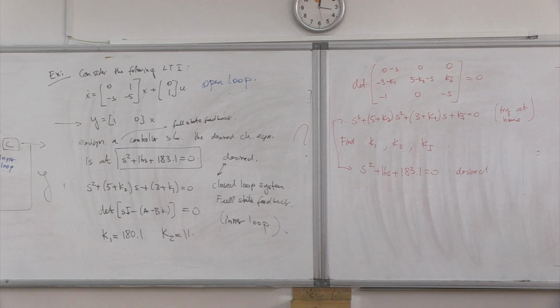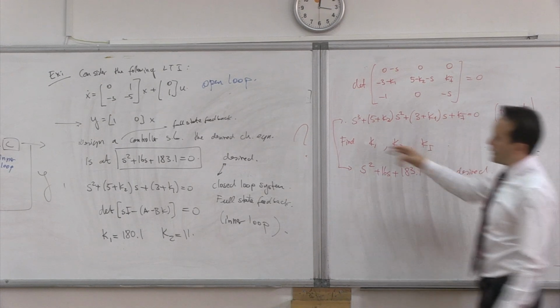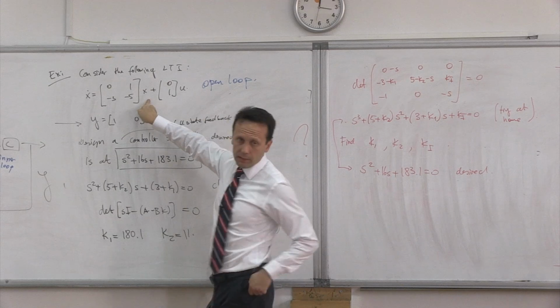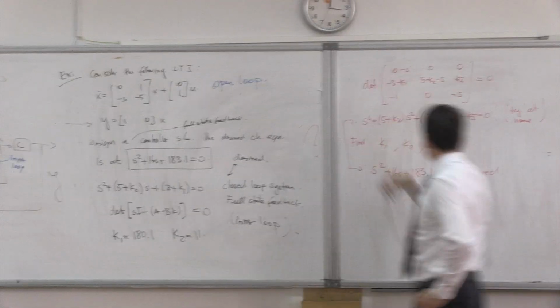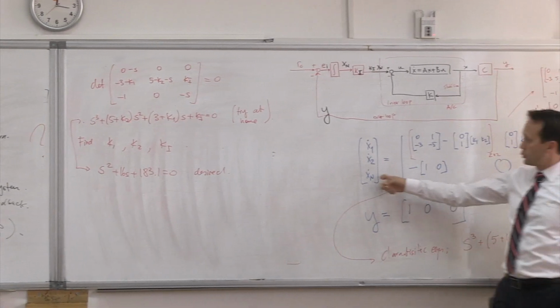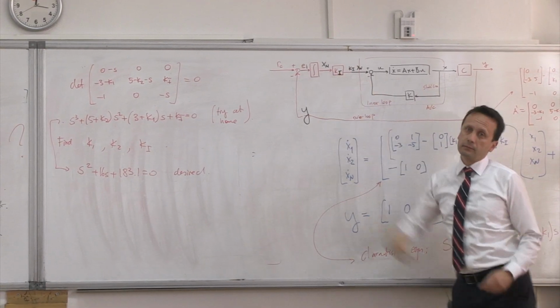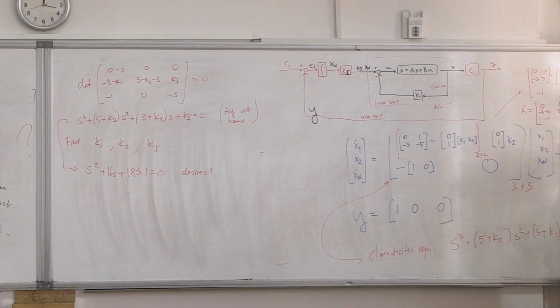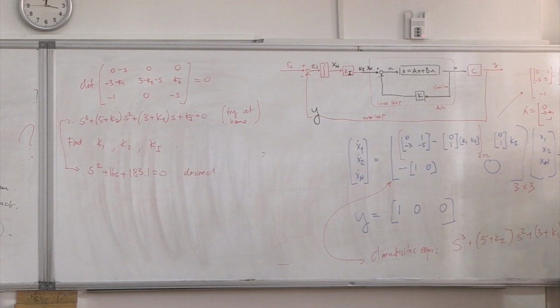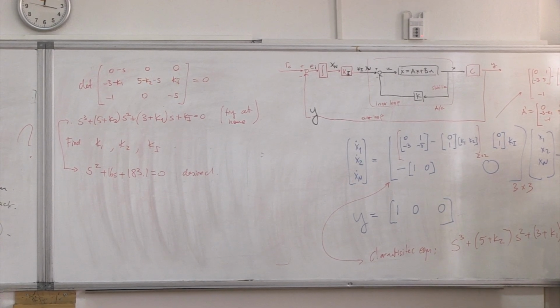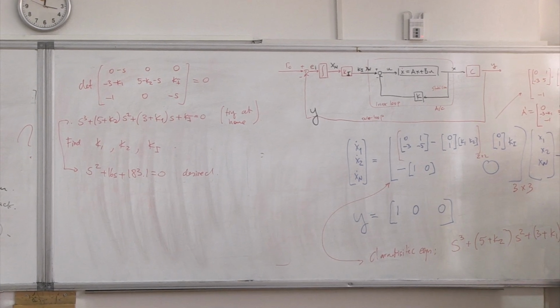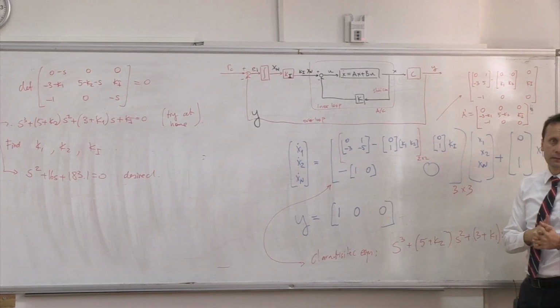Why is it a third order system? I mean, the original equation is a second order system. It's a third order because we have an extra state, which is the controller state xn. Do you understand that? Now we have another state, and we have an extra state because of the integral.